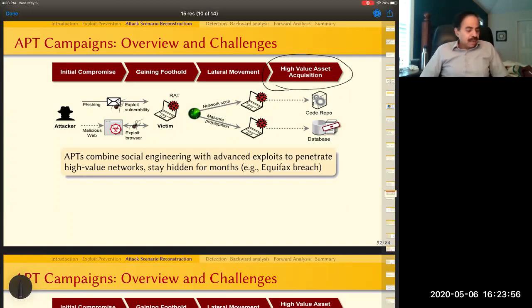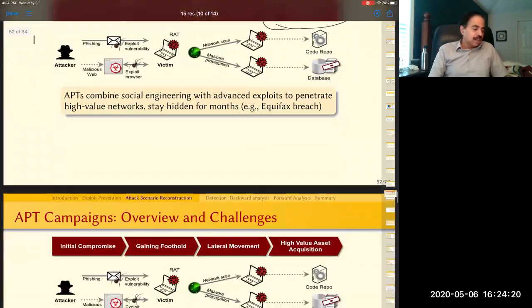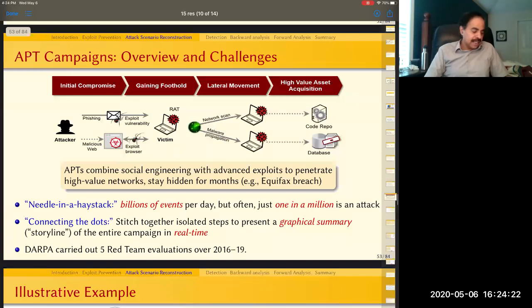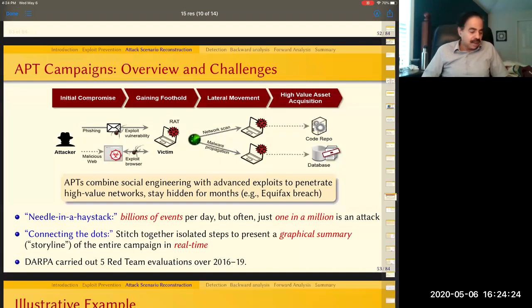And as you can see in the news, very often these attacks are not detected for a very long time. The research that we have been carrying out is on how to make it possible to identify these attacks as they are going on.